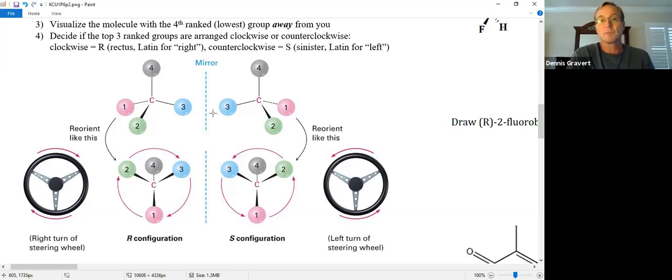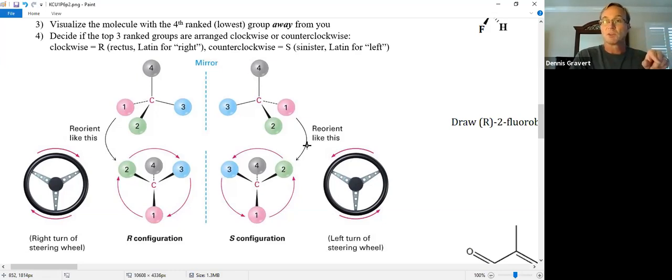However, if you look at a molecule and you put the fourth group away, like in the bottom right, this drawing down here has the fourth rank group away. Now look at the arrangement, 1 to 2 to 3. They're set up in a counterclockwise rotation. And if you turn your steering wheel counterclockwise, you go to the left.